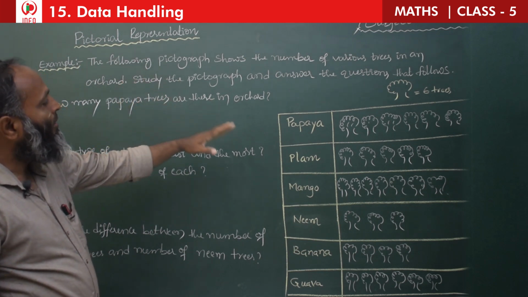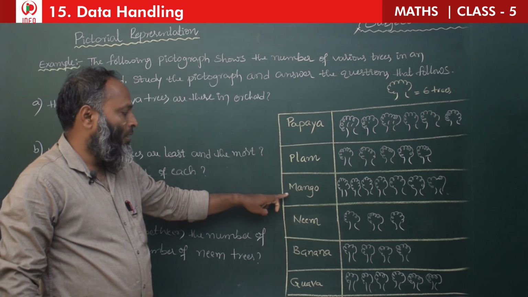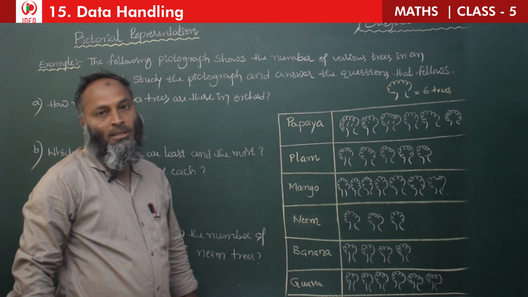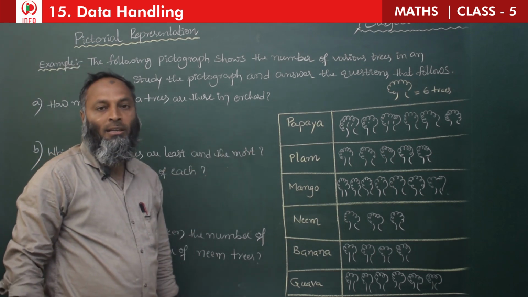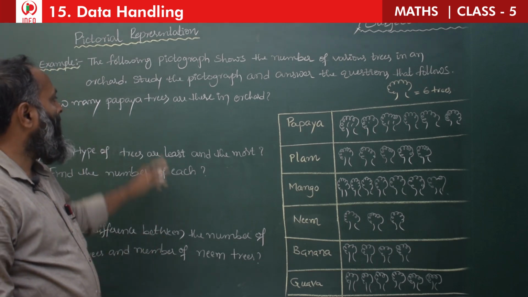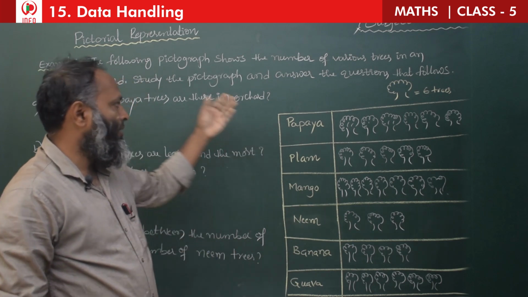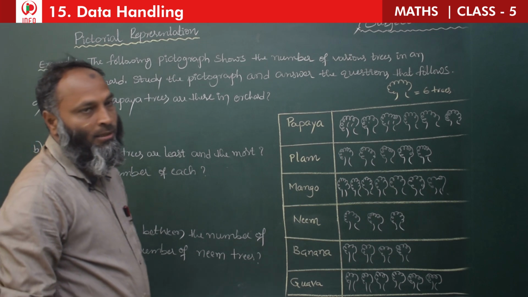There are different types of trees: papaya trees, palm trees, mango trees, neem trees, banana trees, guava trees. So 6 various types of trees are there in the orchard. First you study this pictograph, then answer the following questions.